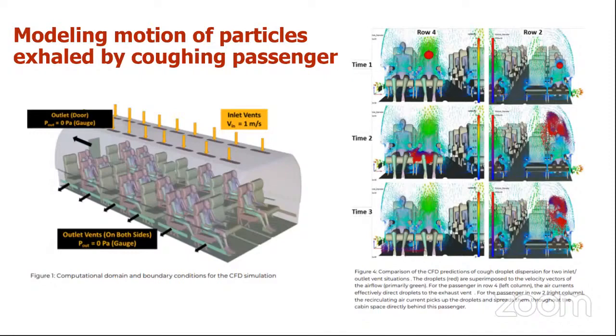This is again one very important multi-phase flow application wherein we can discretely track the particles of cough that are being exhaled by a coughing passenger, say in an air cabin, and see how they travel over a course of time, and if there's any recirculation or if there are any areas of concern.